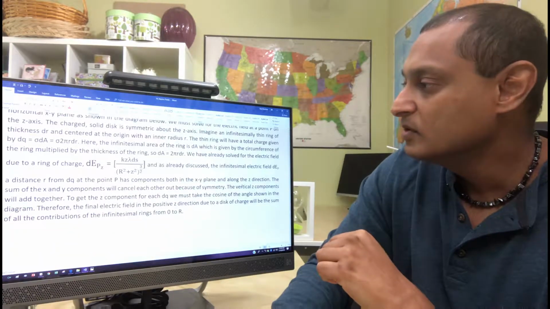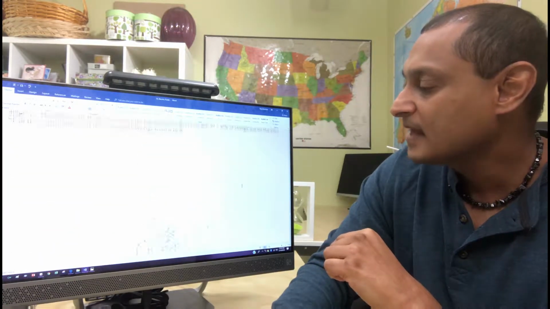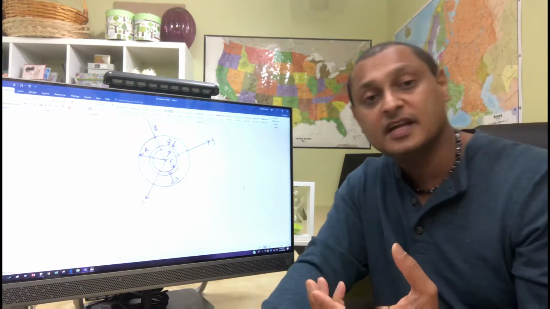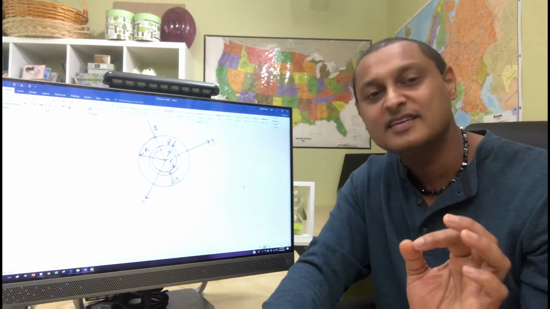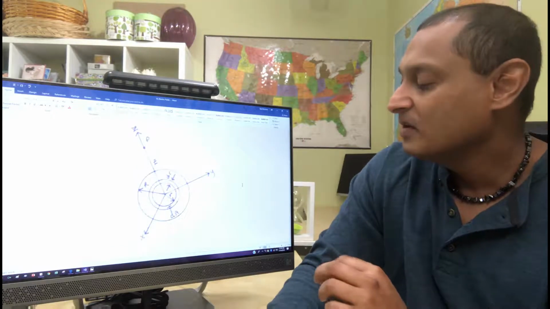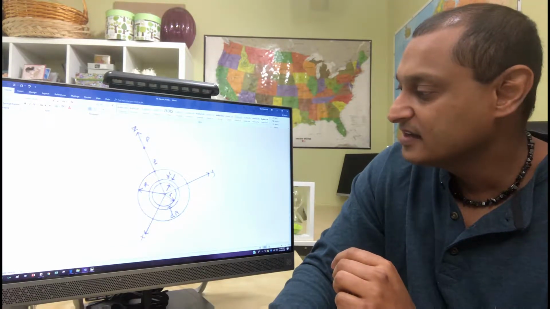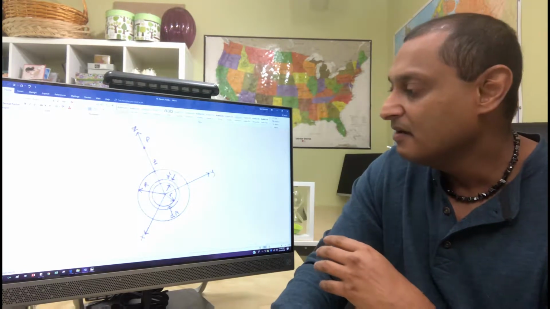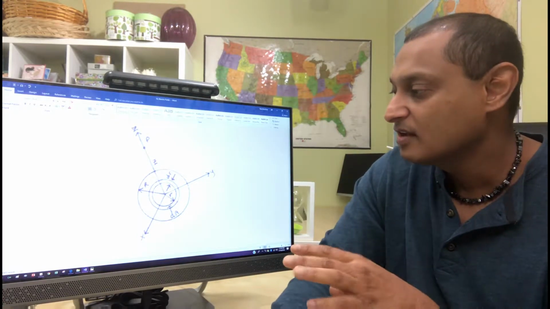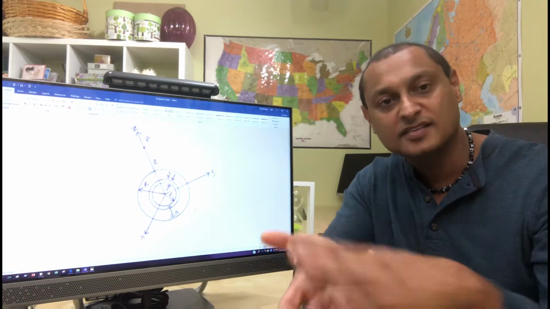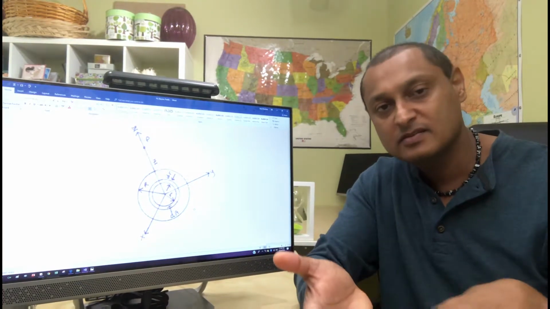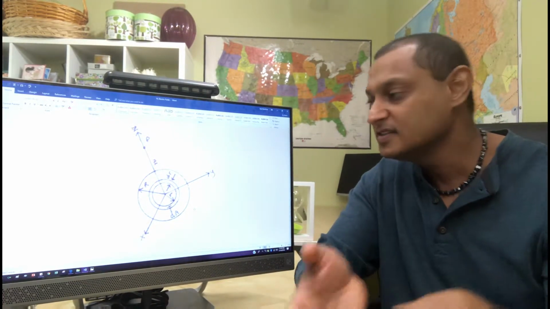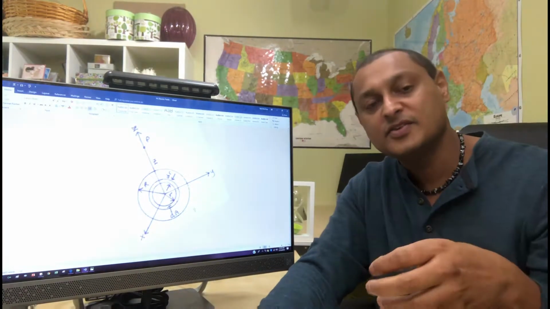So that we've now moved on to a disk of charge, now a surface area as opposed to just a linear charge density. And what I've done is that I've taken a little section here, like a ring of charge, which I've already solved for previously, and I've extrapolated that to solve for an entire disk, like a CD, for example, or a DVD. If all of it contained charge on its surface, how do you calculate the electric field due to that?